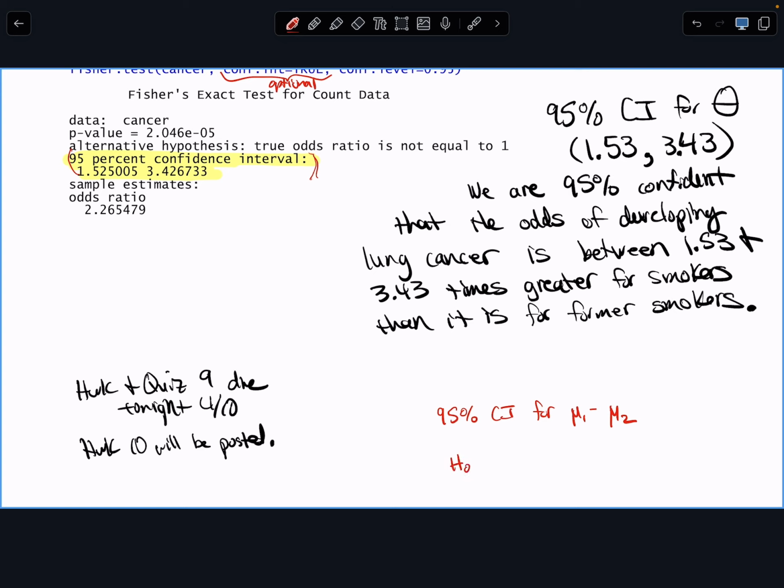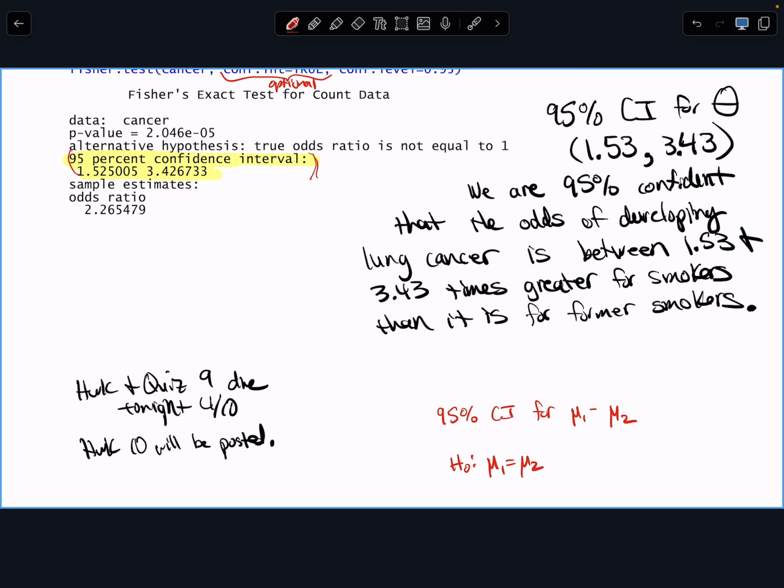And we said that, oh, well, if we tested the null hypothesis that mu1 equals mu2, we can draw conclusions about this null hypothesis using the confidence interval. But we had to look at whether a certain value was within that confidence interval or not. What value did we compare? Allie?